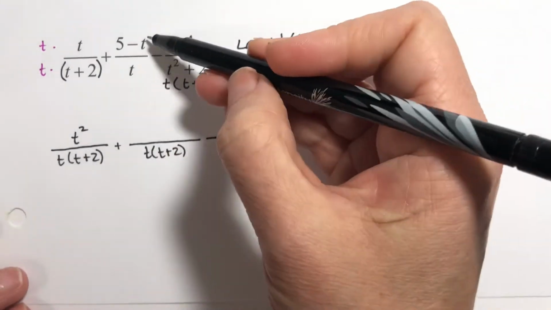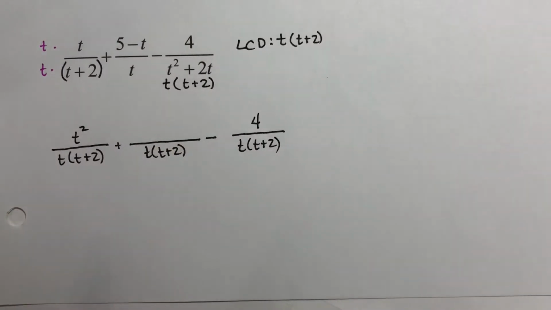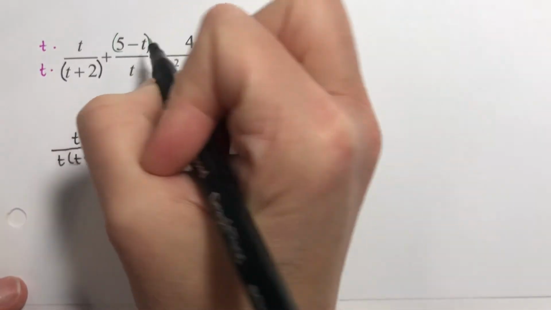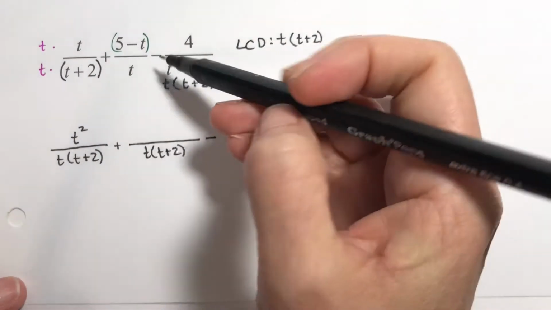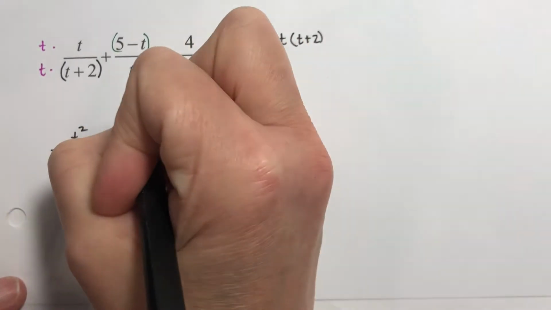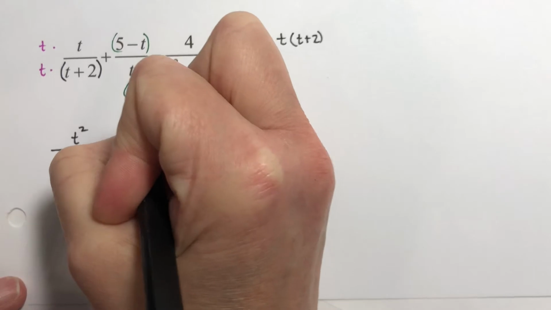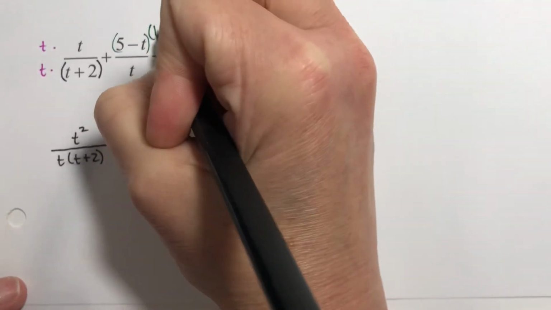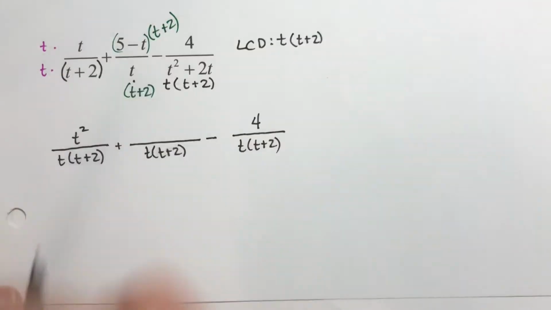Okay, now this one's a little bit trickier. So we need to multiply the entire top in parentheses by, what did it multiply from here to here? A t plus 2. So this also has to be multiplied by a t plus 2.